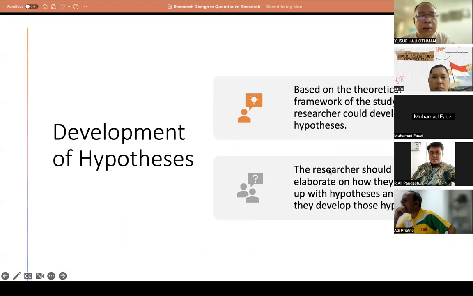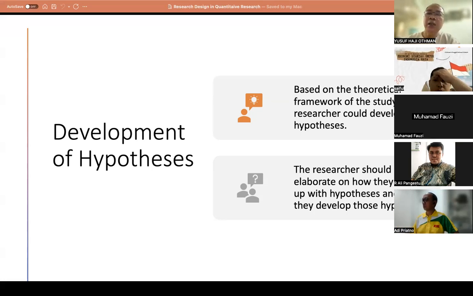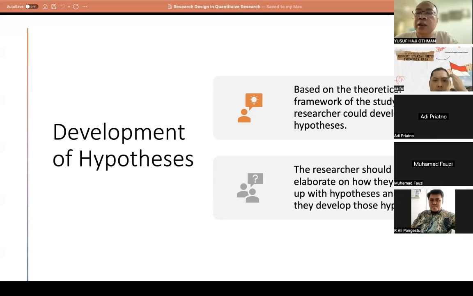When we develop the hypothesis, we should elaborate on how we come up with the hypothesis and why we develop those hypotheses. There are two things that should be written. Number one is how they come up with the hypothesis. There are two ways to develop a hypothesis. Number one is based on previous studies.